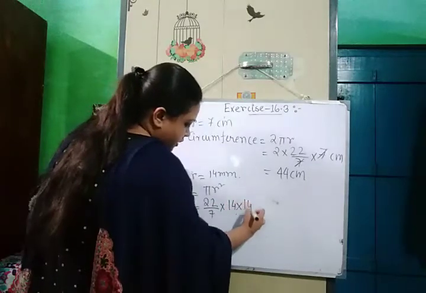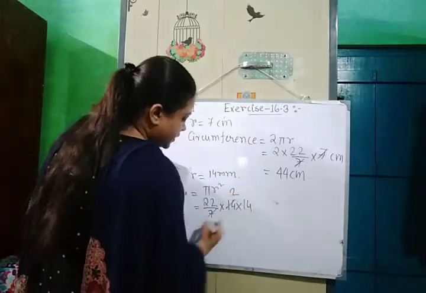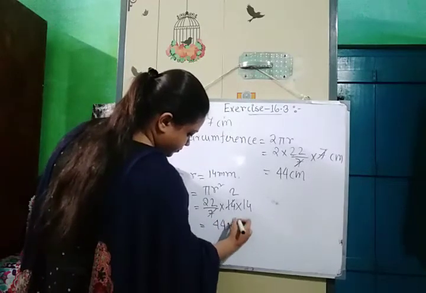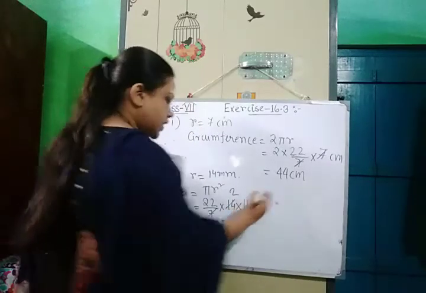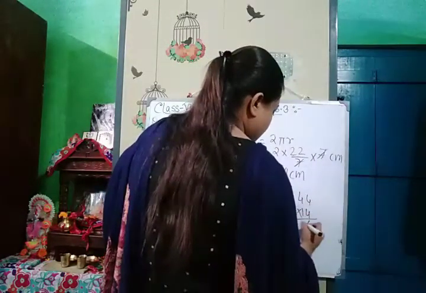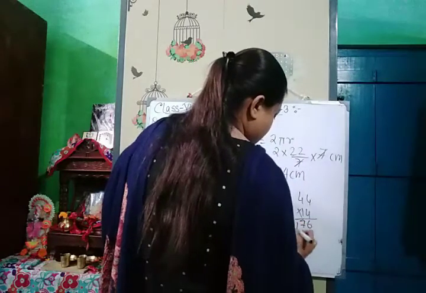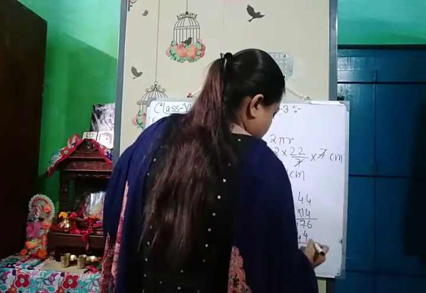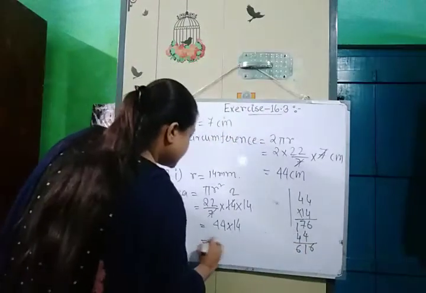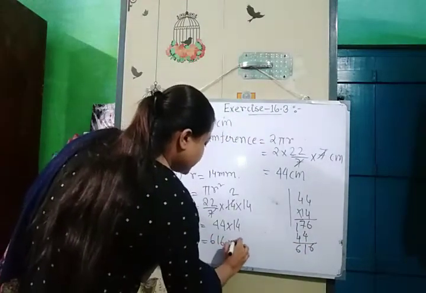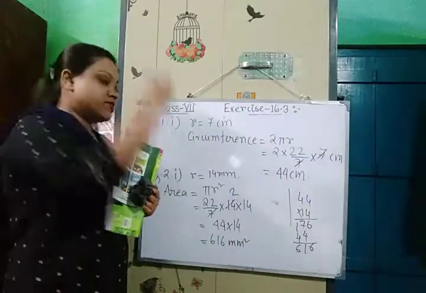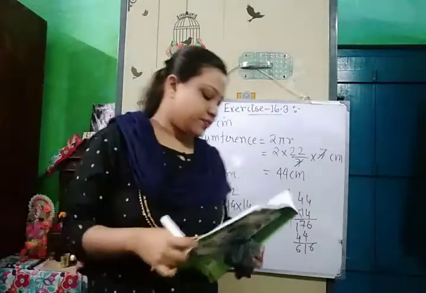So 14 into 14. So 7 to the 14 is 44 into 14. So here I am doing the calculation, 44 into 14. 616 millimeter square. So unit will be millimeter square since we are finding out the area.